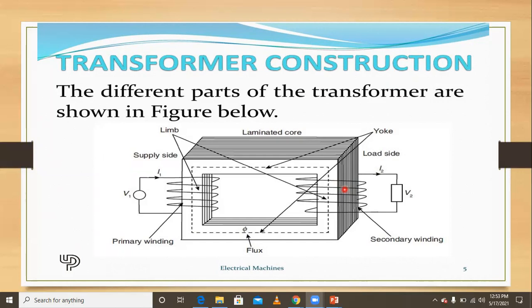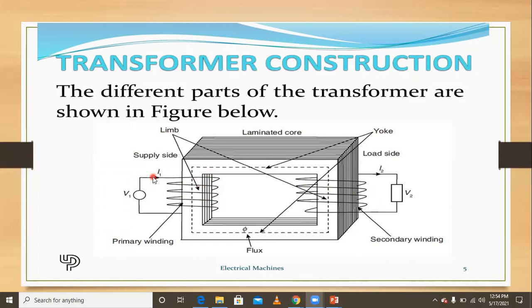So the multiplication of voltage and current is constant on the input side and output side, whether voltage is increasing or decreasing. If the voltage increases, the current decreases. If the current increases, the voltage decreases. That is the concept of the power transformer.